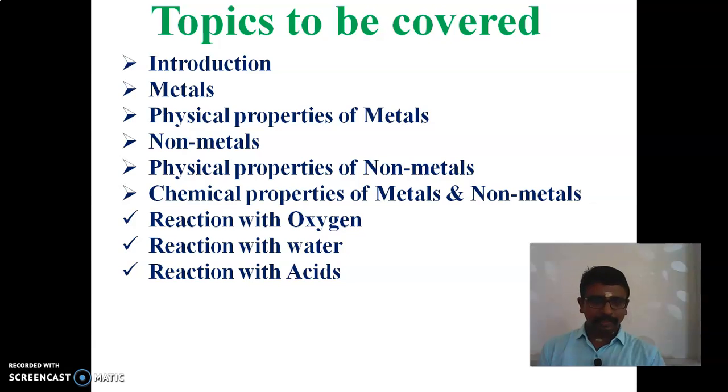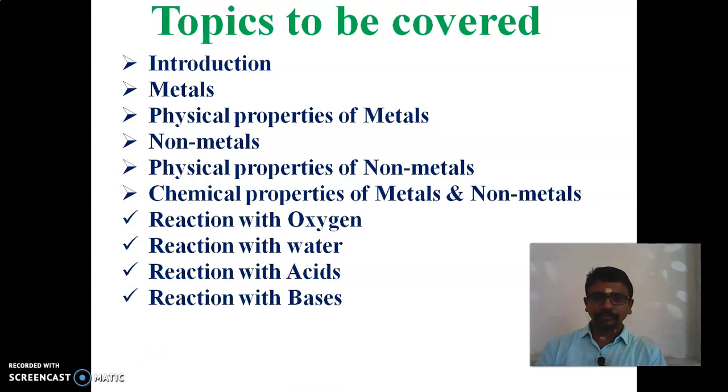An acid is nothing but a substance that, when we add water, releases or ionizes H plus ions. The examples are hydrochloric acid, sulfuric acid, nitric acid, acetic acid. And next is reaction with bases.